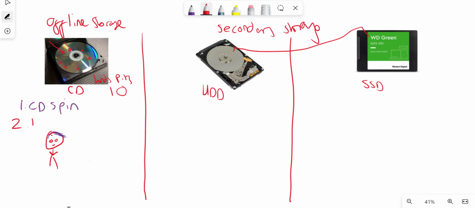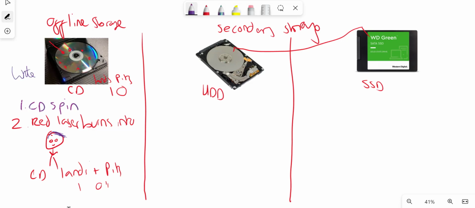So step 2, a red laser burns into the CD, lands and pits, representing 1s and 0s. And that is how we save data to a CD. Another word for save is write.